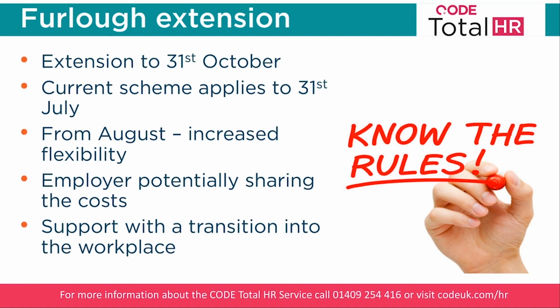We do believe that there could be some requirement for employers to share the burden of costs here, but obviously at the moment we don't know what that's going to look like. As and when we know more, we will of course update you and keep you well informed of any updates there.